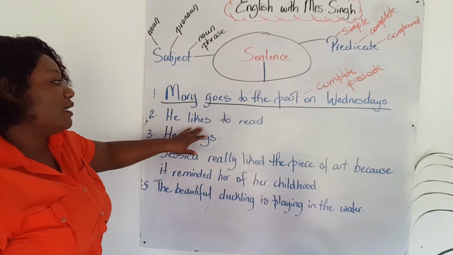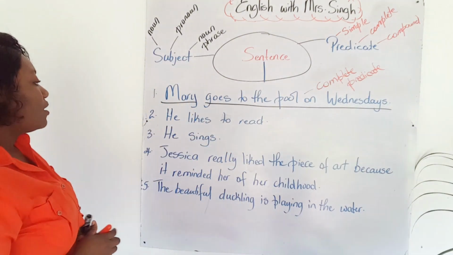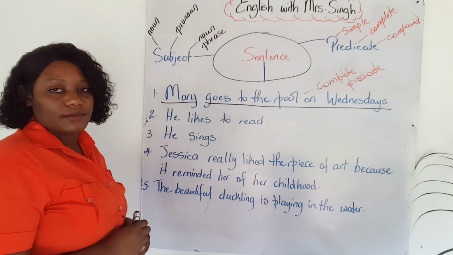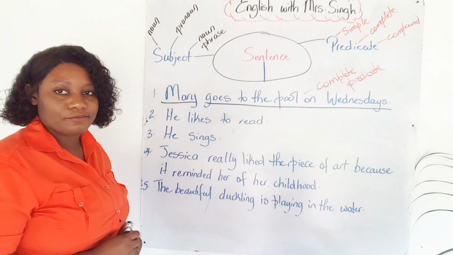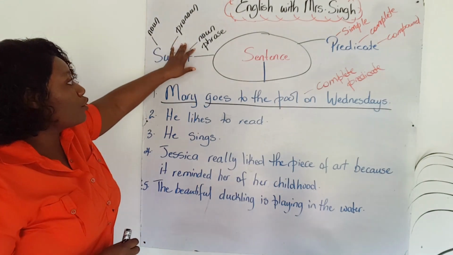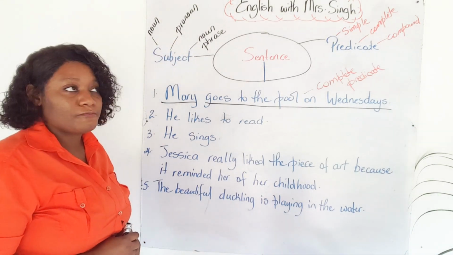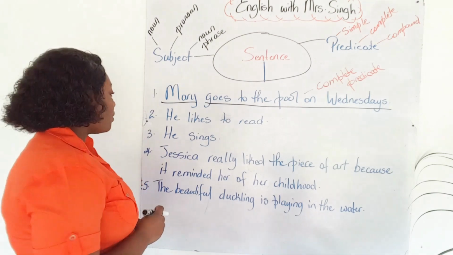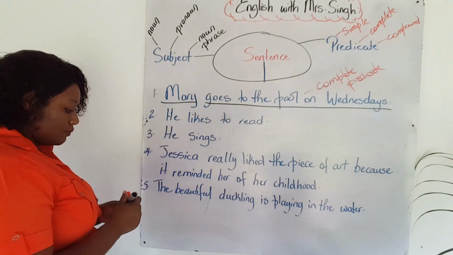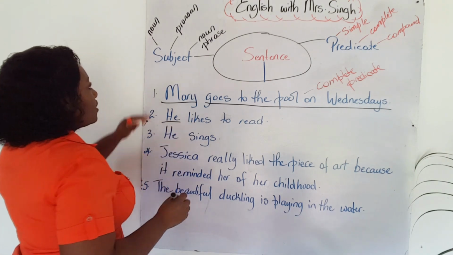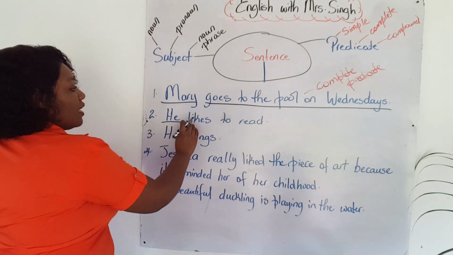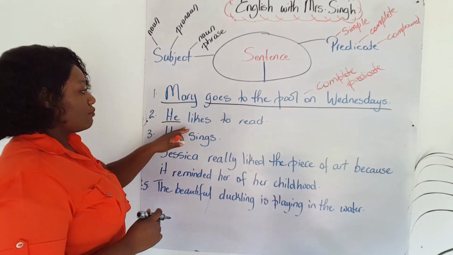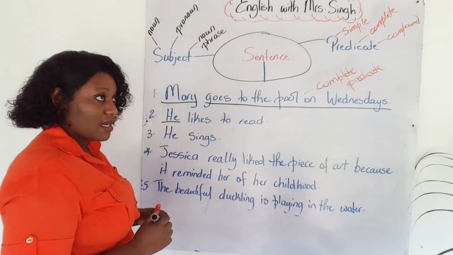All right, he likes to read. He is what now? Is it a noun, pronoun, or noun phrase? Now, what are pronouns? Pronouns are words that take the place of a noun. All right, so he is a pronoun. Likes to read. What he is doing? He likes to read.